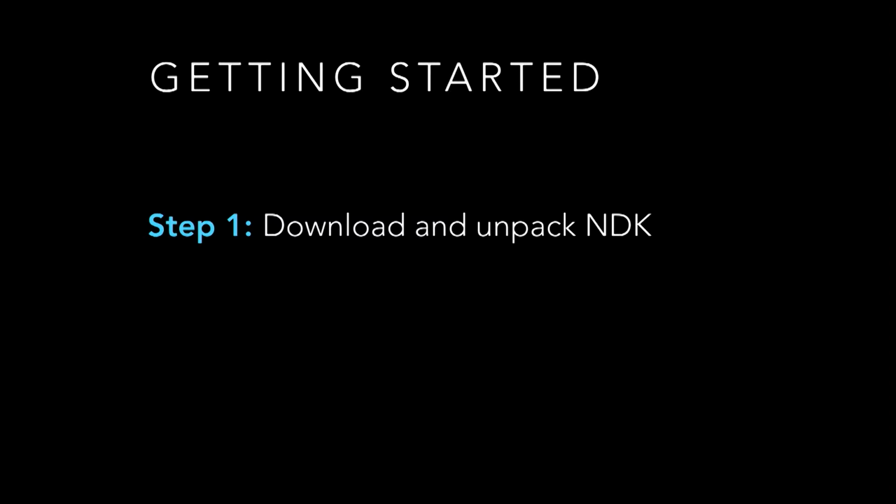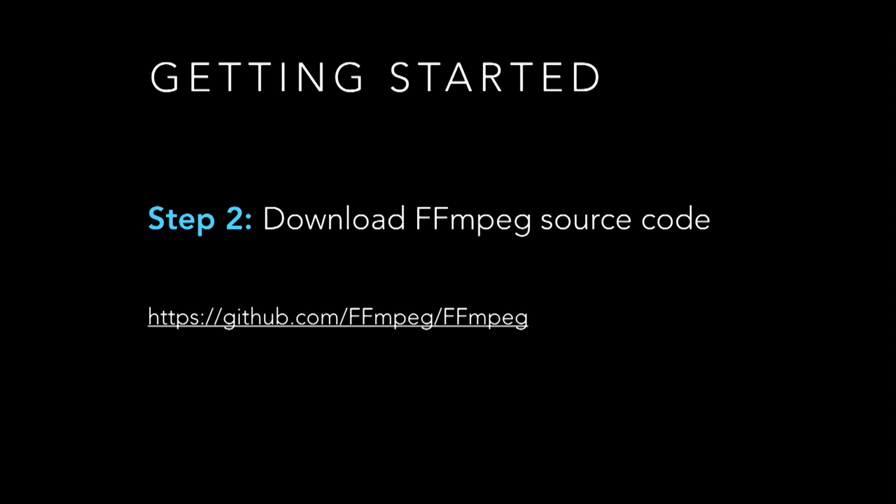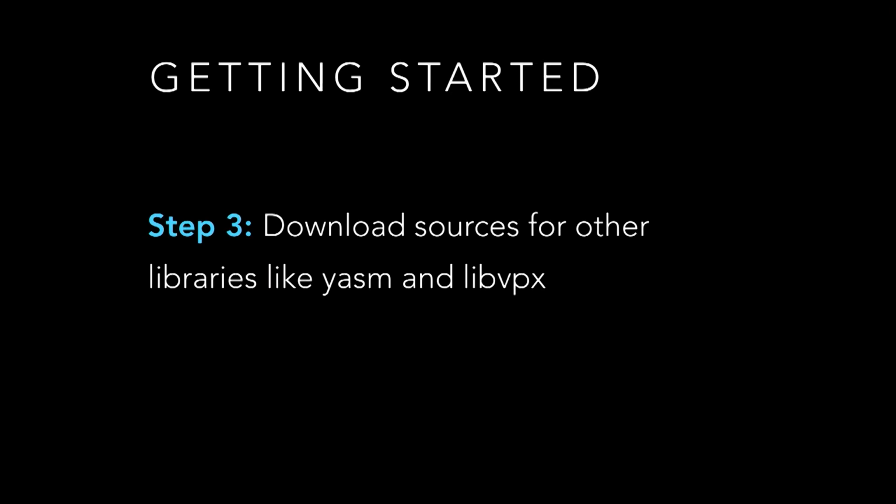You also download some libraries like YASM, which is an assembler for x86, which you will need to compile the code for x86 architectures. And FFmpeg doesn't really support encoding for some of the video formats, so you might want to download libraries like libvpx, which is basically for the VP8 codec.